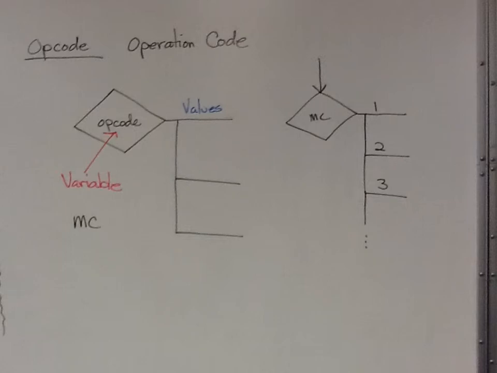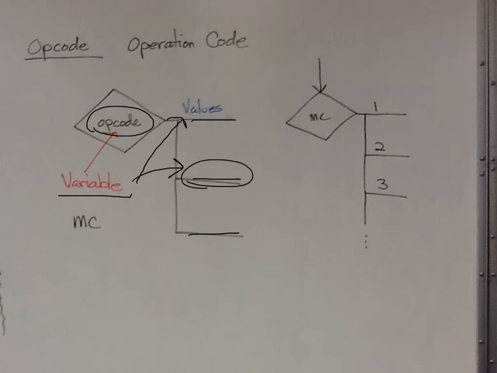I reviewed opcode. Make sure in here is just the variable, and that variable will need to match these values. So that variable will contain what we put here for values, and then the opcode can go down and find that and execute the code following it.